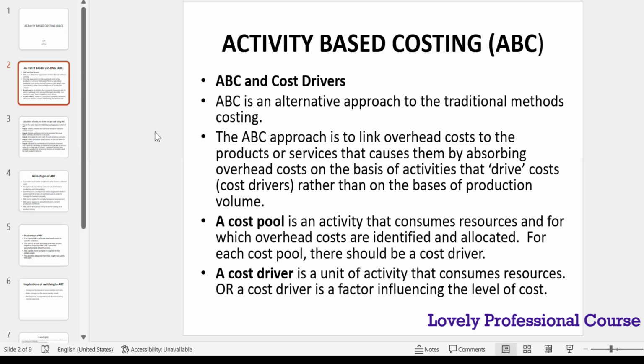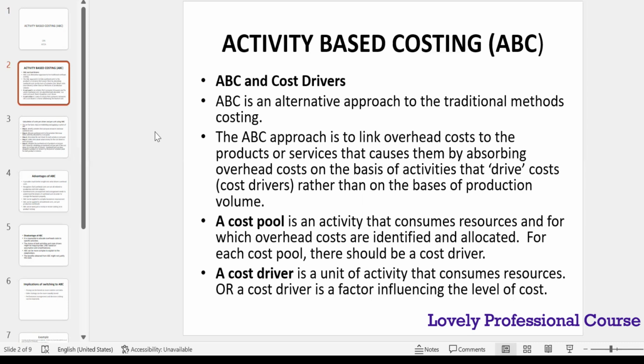For each cost pool, there should be a cost driver. So there is something that causes those expenses either to increase or reduce, something that causes that expenditure to be incurred. In general, we call that a cost pool. Then there is another term we need to understand, a cost driver. In few words, a cost driver is an activity that causes a cost to be incurred.